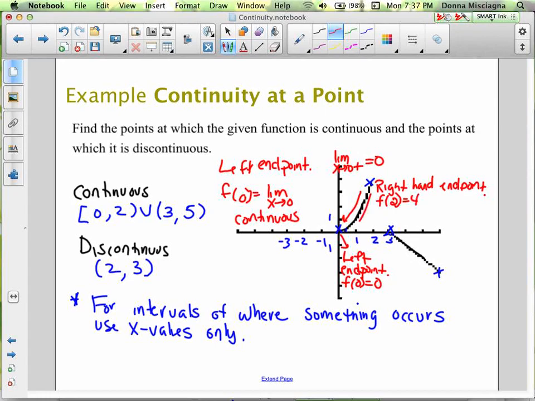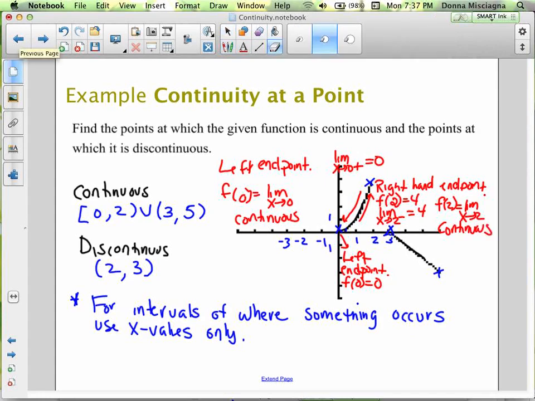And notice as we're coming from the left-hand side, the limit as x approaches 2 from the left-hand side also equals 4. So f of 2 equals the limit as x approaches 2, so that's continuous too. All right, so 2, you get to come along as well. We're not going to exclude you.